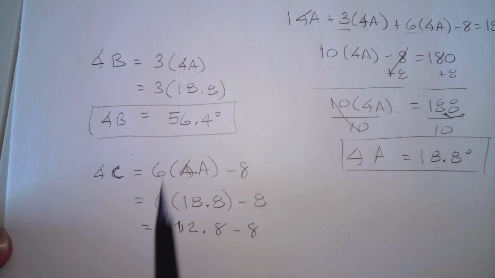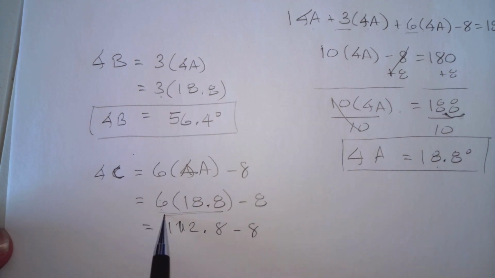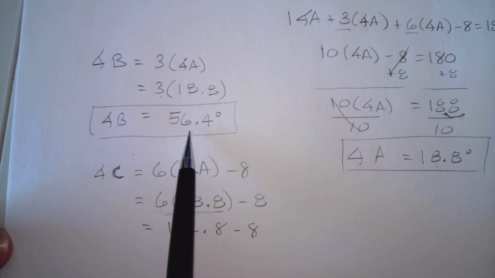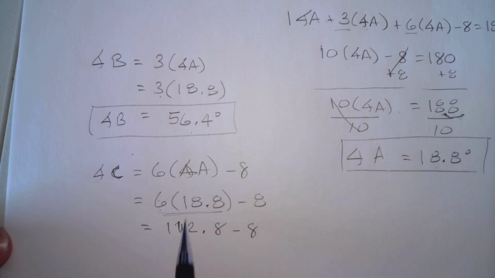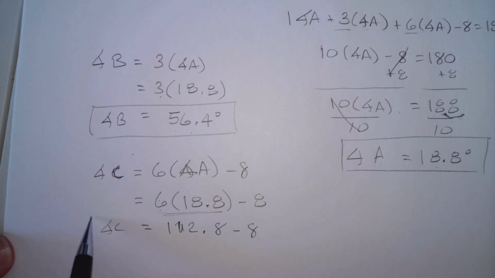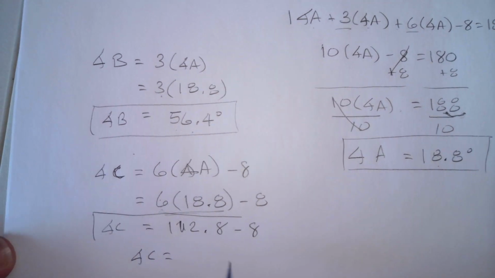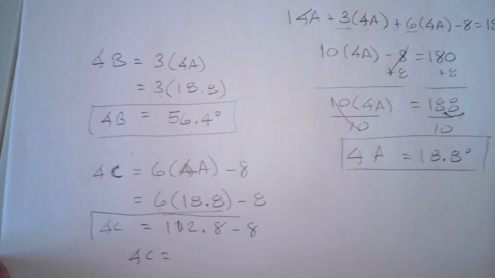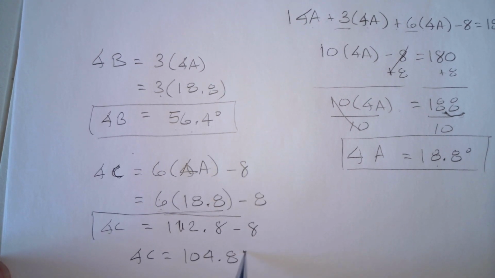Since 6 is twice the size of 3, this amount is going to be twice that amount. So 56.4 times 2 is 112.8. So angle C is 112.8 minus 8, which equals 104.8 degrees. That's angle C.